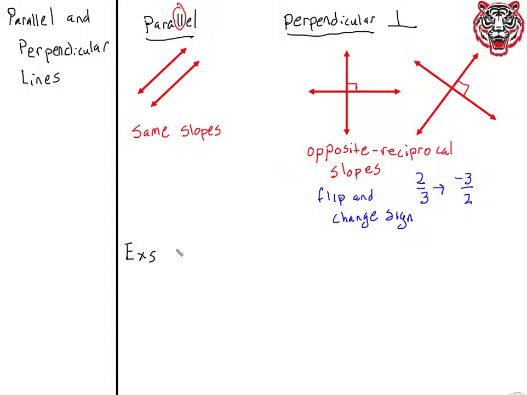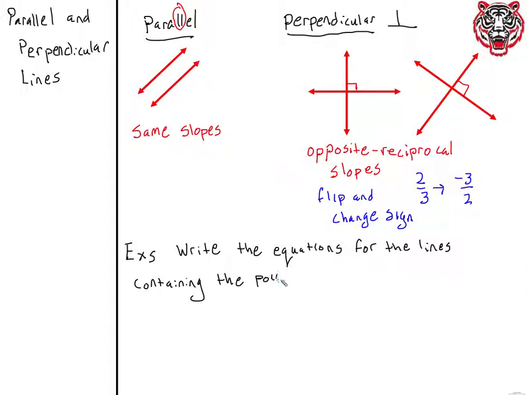So I want you guys to write the equations for the lines containing the point -1, 3.